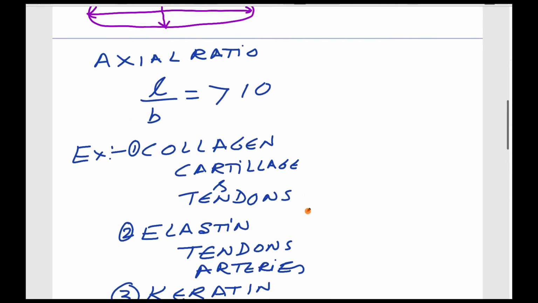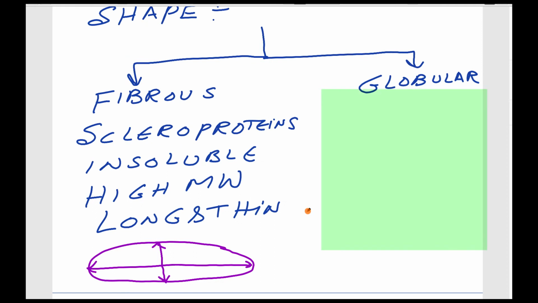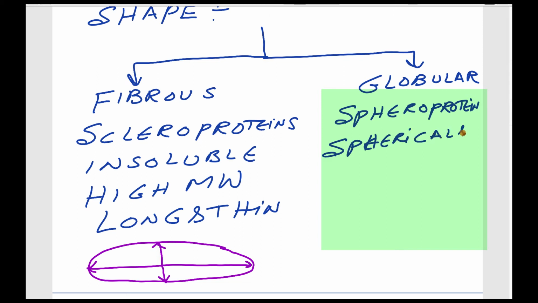The next one under this category is globular proteins. They are spiroproteins. The earlier one was scleroprotein; this is spiroprotein. The shape is spherical and ovoid.